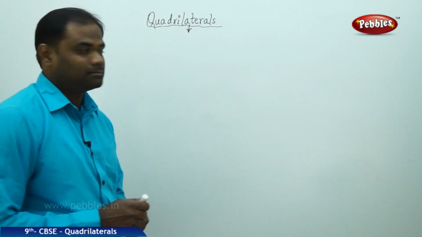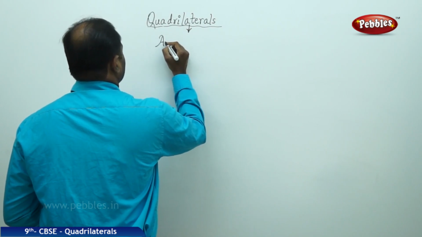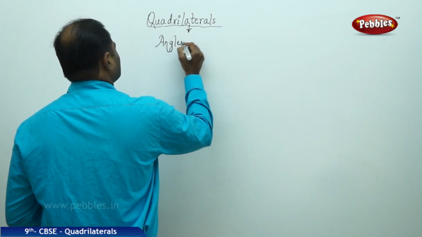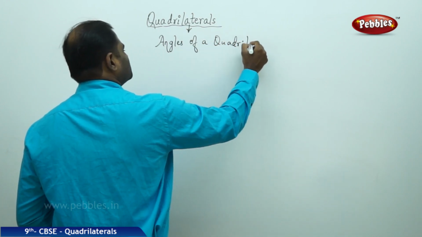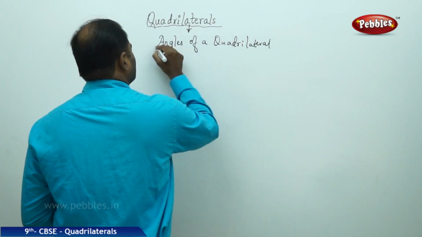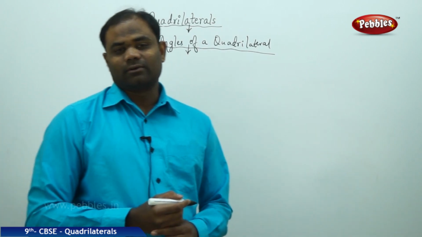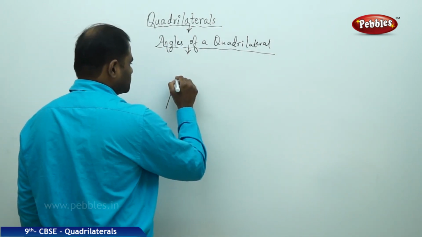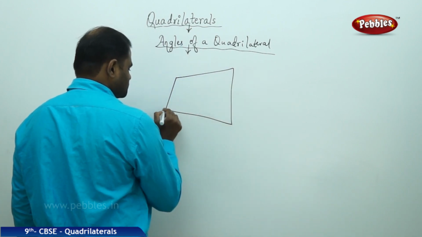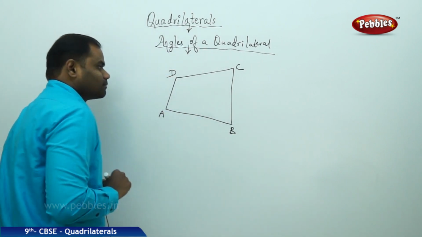Angles of a quadrilateral: the types of angles of a quadrilateral. Let's take a quadrilateral ABCD.